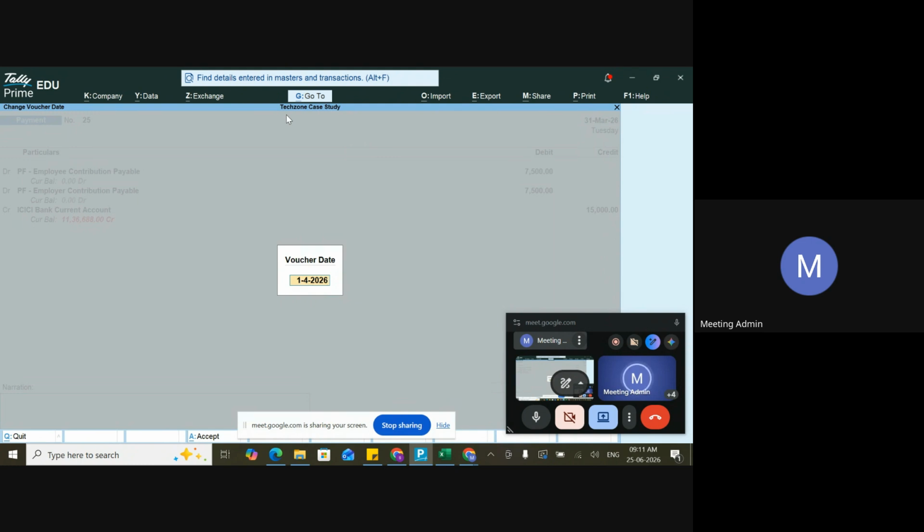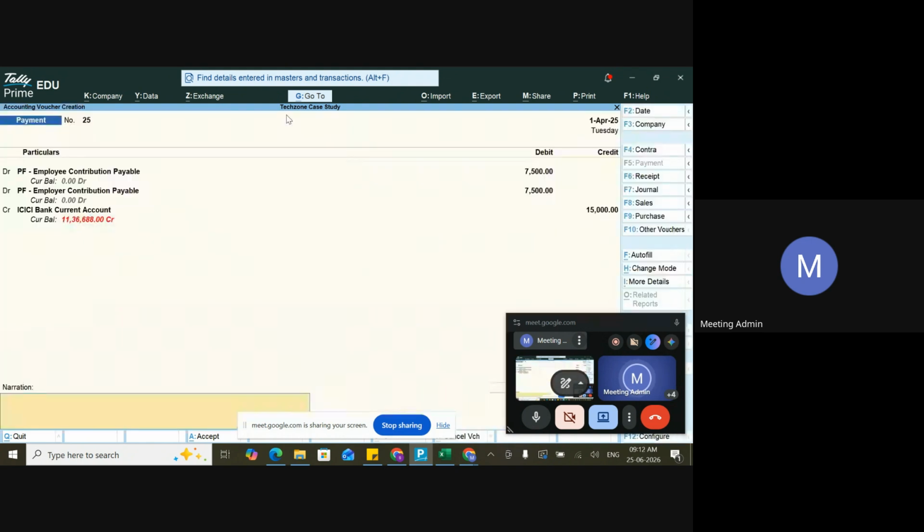So I am paying it on 1 April 25 only, or 15th is the last date, so I cannot take the 15th here. Being narration we have to write: being PF paid for the month of, like that. Okay.